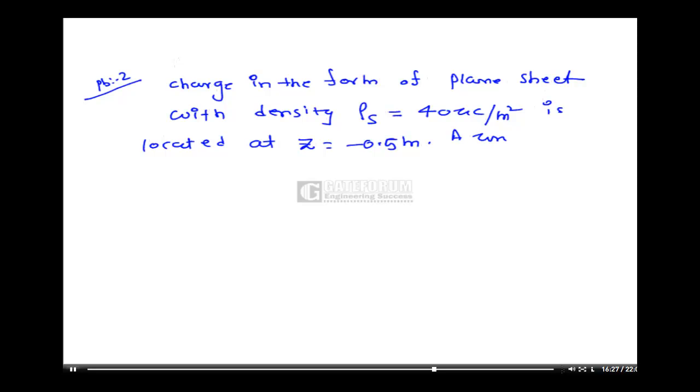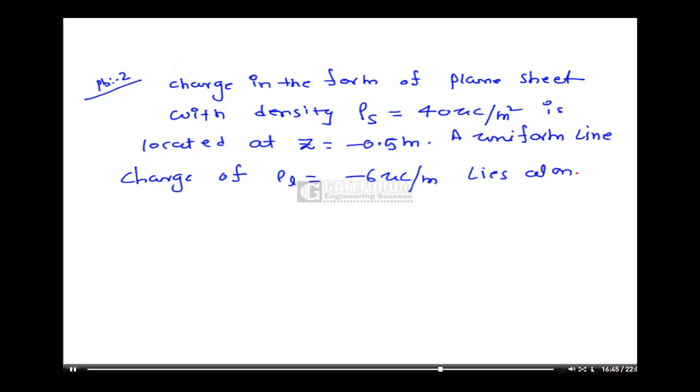A uniform line charge of rho L equal to minus 6 microcoulomb per meter lies along the y-axis.